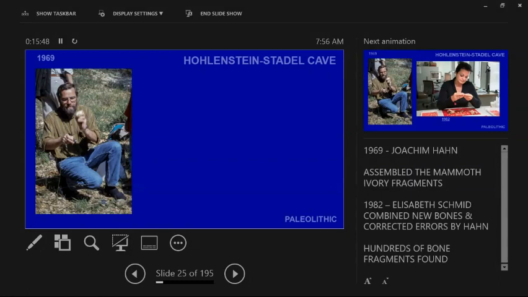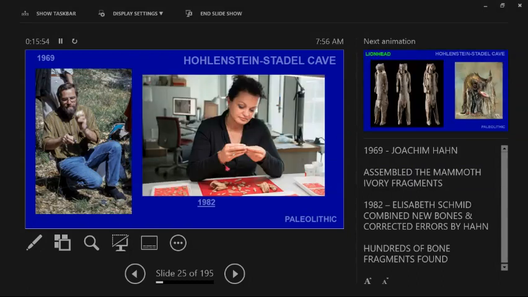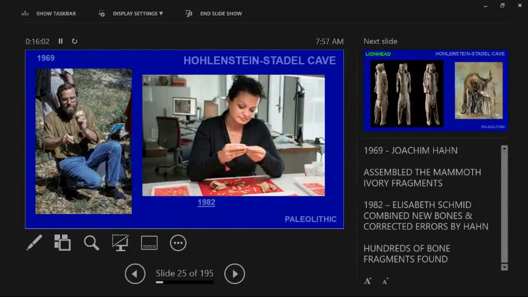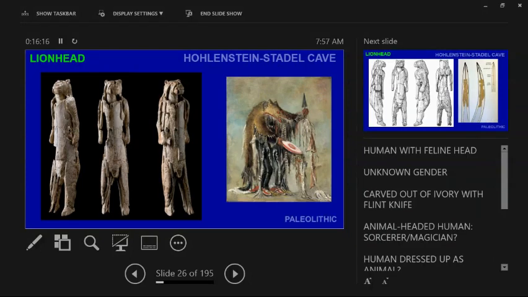What's a mammoth? Yeah. Then in 1969, his name is Joachim Hahn, he is putting these fragments together. Then comes along Elizabeth Schmidt, and she combines the bones in new ways, and she corrects his errors, and they all fit to make this figure right here.